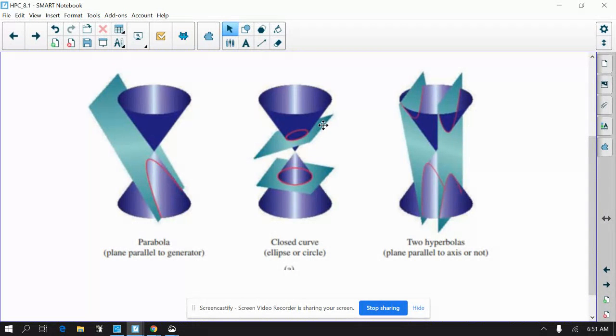If you go through the entire cone, but just one cone, you get either an ellipse or a circle. And if you take a cross section of both cones at the same time, you get what's called a hyperbola. So those are 4 different shapes you can get from taking a cross section of a cone, and those shapes are called conic sections. And so we're going to start with parabolas.